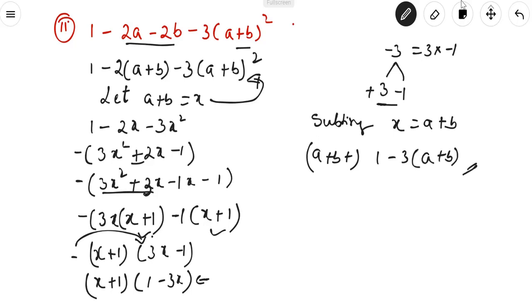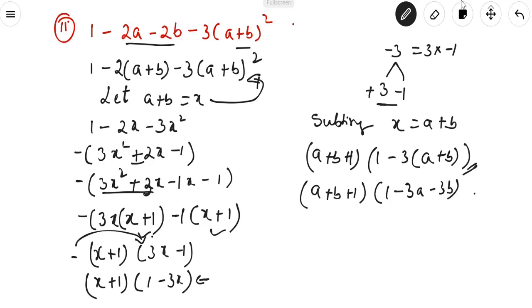If you want, you can stop here, or you can write one more step here which I have not written. So this is a plus b plus 1 into 1 minus 3a minus 3b.